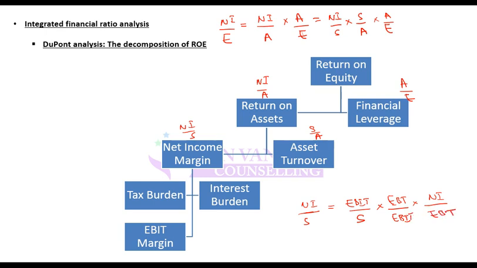So it can be EBIT to sales, which is EBIT margin, EBT divided by earnings before interest and tax, which is interest burden, or net income divided by earnings before tax, which is tax burden.